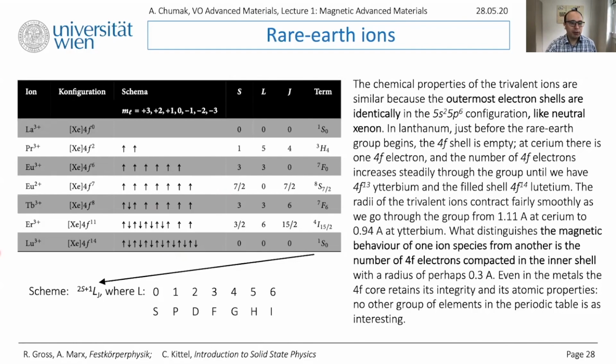For example, in the book of Gross-Marx and Kittel, you can find nice tables where the magnetic moment of each atom is calculated theoretically and compared to the experimental value. And you will be surprised that in spite of all the complexity of the system, the simplest atomic physics model describes the magnetic response very precisely. So that's it about rare earth ions.